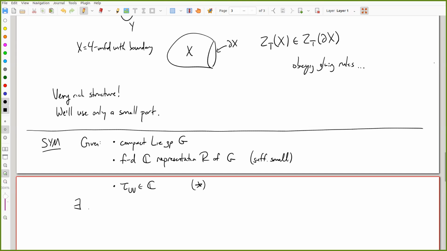There's believed to exist a corresponding N=2 supersymmetric QFT in 4 dimensions, which I'll call T of G, R, and tau UV. That's N=2 super Yang-Mills.